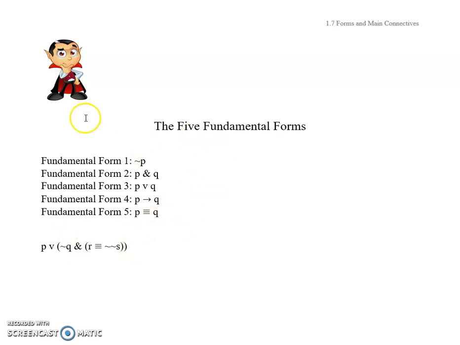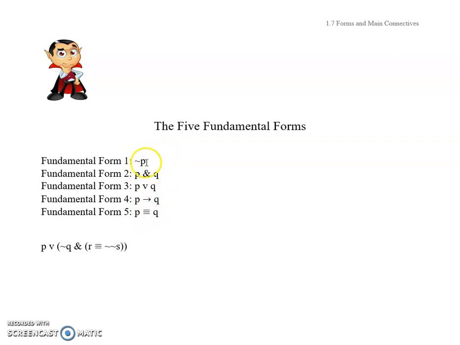there are 5 which we select out as really important for all future work and understanding logic in general, bivalent logic. So the 5 that are of importance are these 5 right here: not P, P and Q, P or Q, if P then Q, P if and only if Q. And as we'll see in section 1.8, we can define certain important concepts in terms of these.